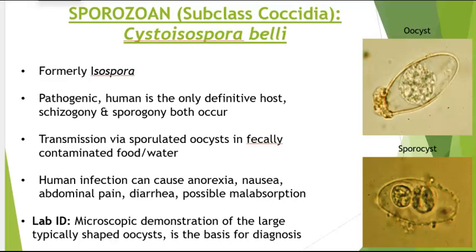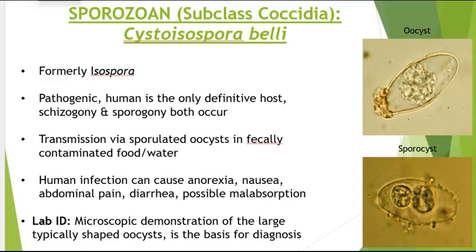The transmission is usually through the sporulated oocyst in fecally contaminated food and water. Human infections can cause anything from anorexia, nausea, abdominal pain, diarrhea, and possible malabsorption.